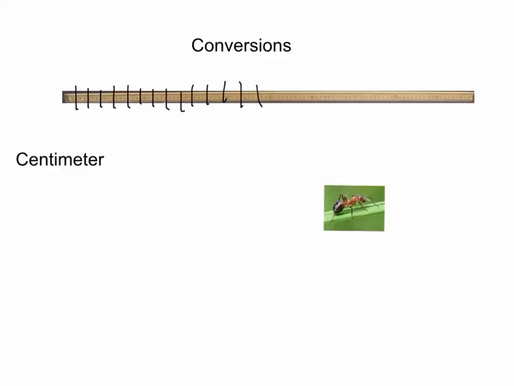And the abbreviation for that is cm. There are 100 centimeters in 1 meter. Now, the ability to subdivide our units of measure into smaller pieces or even larger pieces will allow us to accurately measure things such as this ant.